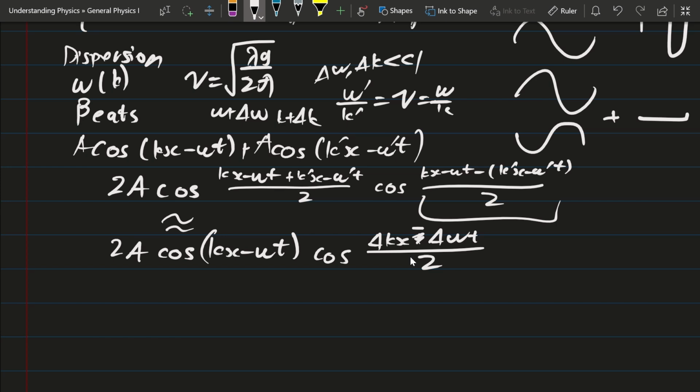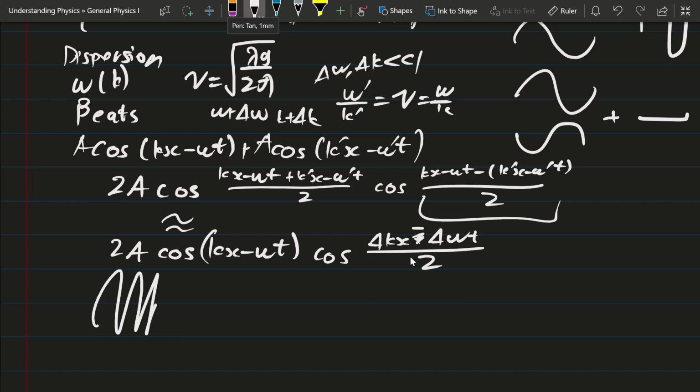So basically it is the multiplication of the same wave, but inside it you have a wave with a very small wave number. So if it is a very small wave number, it means it has a very big wavelength. Okay, let's just draw it like this. So in here we have the k to be a big number. So that means that the wavelength is very small.